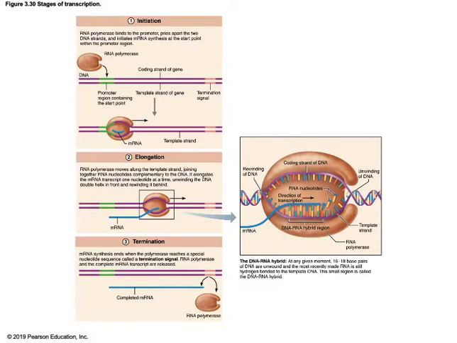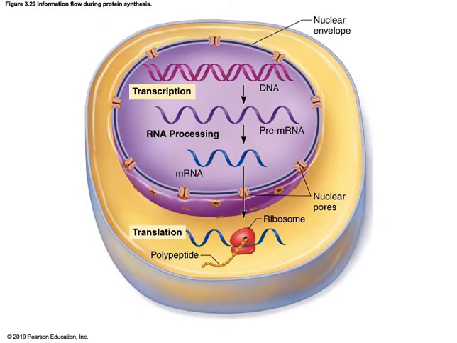So there are two main steps of protein synthesis: transcription and translation. In this picture we're showing an illustration of the central dogma of biology. DNA is transcribed into RNA, pre-mRNA and then mRNA. And then the mRNA is translated into that polypeptide chain of amino acids that eventually becomes a protein.